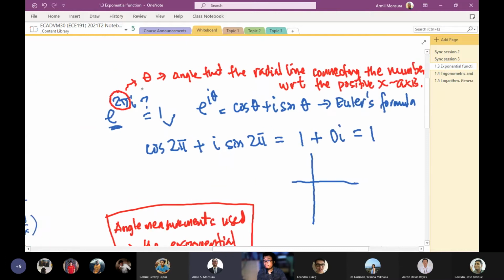And again, pag positive yan, we measure that angle counterclockwise. If this angle is negative, we measure that clockwise.